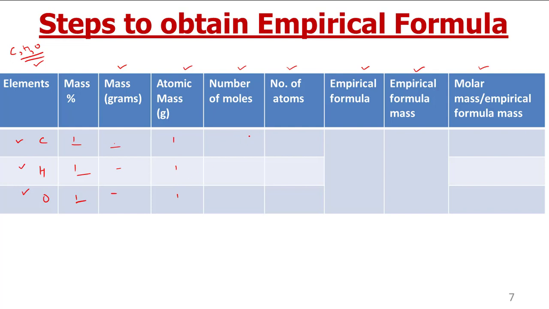Then we write the number of moles, which is given by mass divided by atomic mass. Then out of these three or any number of moles, we have to choose the smallest value and divide all the values by that value to get the number of atoms. Then we write the empirical formula.